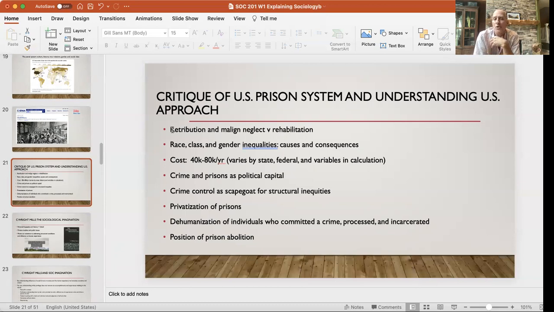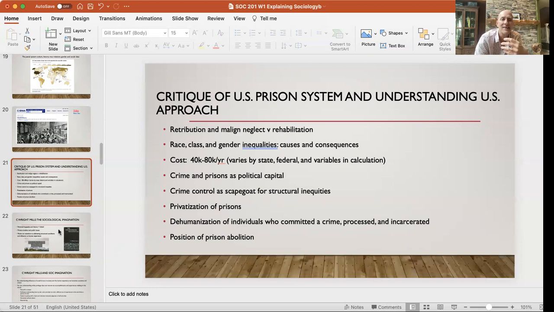Sometimes our approaches to addressing crime and criminality are a scapegoat, a way to remove other structural inequalities from discussion. There's also the increase, starting in the 1980s and 1990s, of privatization of prisons. These are things that are important to become aware of so we can be in a better position to make decisions collectively about what serves the best interest of everyone.